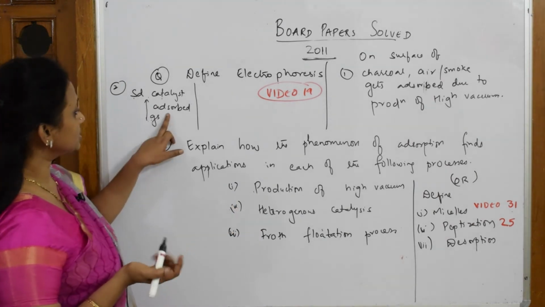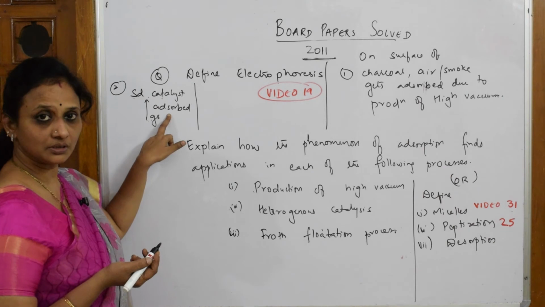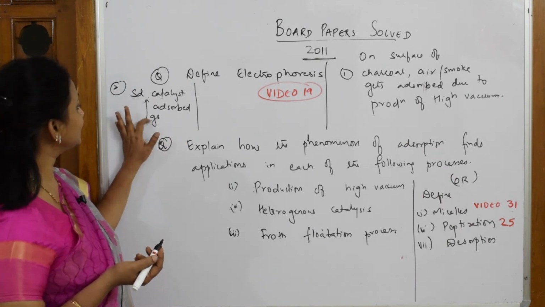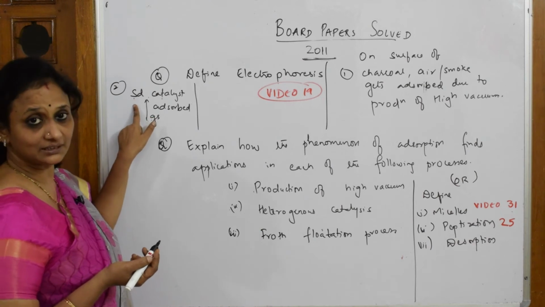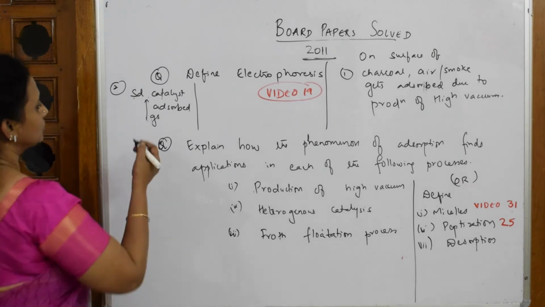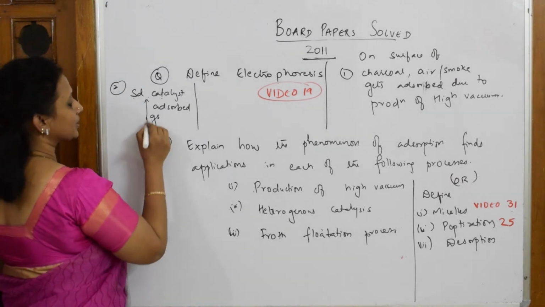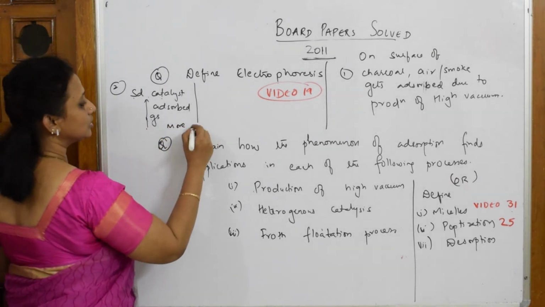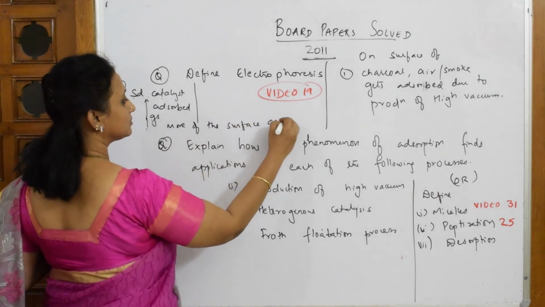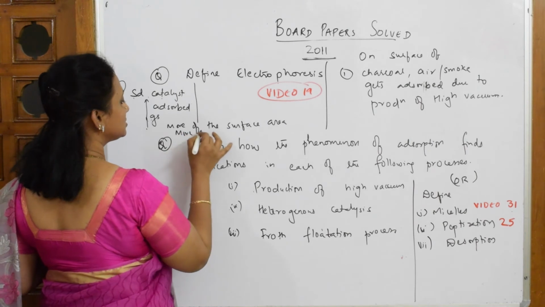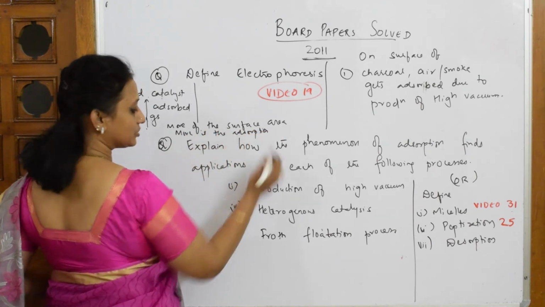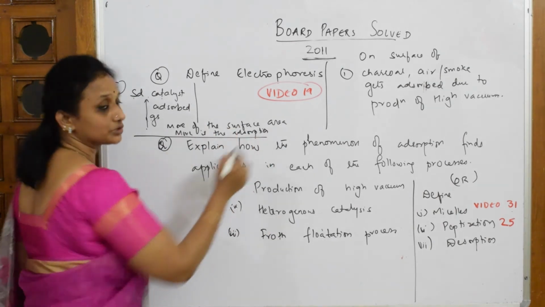You can write using the concept of adsorption: in heterogeneous catalysis, gas gets adsorbed on the solid catalyst, and the more the surface area, the more is the adsorption. That is what you are going to write. Both relate the heterogeneous catalyst as well as the adsorption concept.